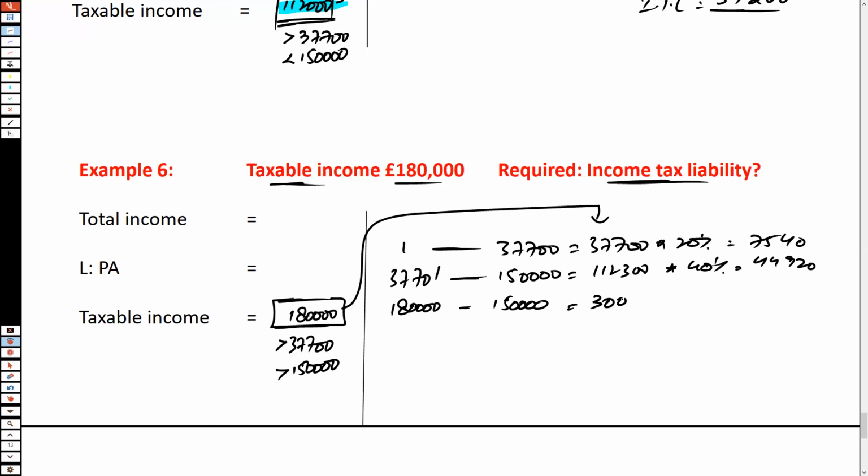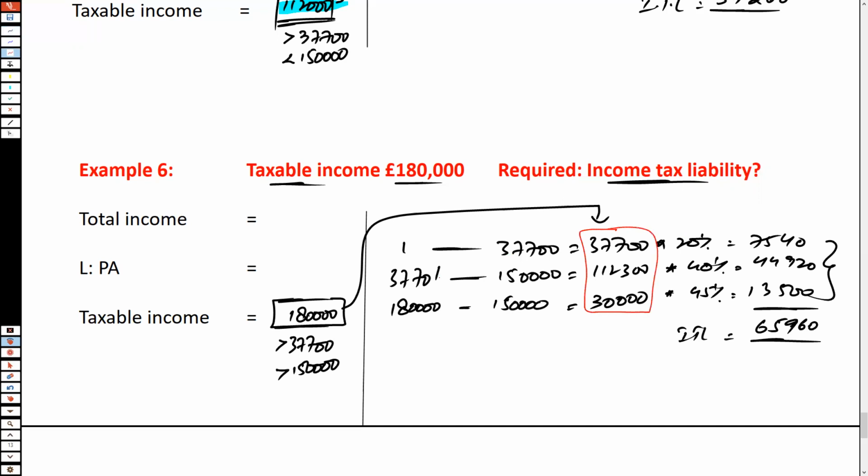The additional amount is 30,000, and it is subject to tax at the additional rate of 45%. 13,500 is calculated. Income tax liability is the sum of these three amounts, 65,960. If you want to confirm whether you performed correctly or not, the sum of these three values should be equal to 180,000.